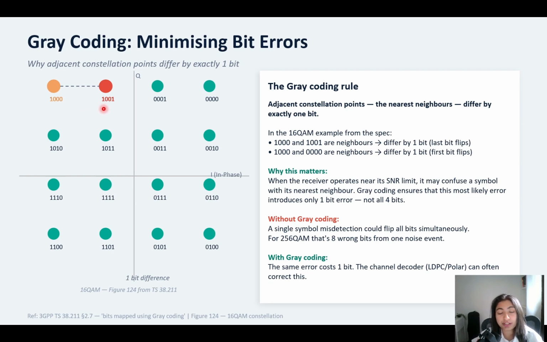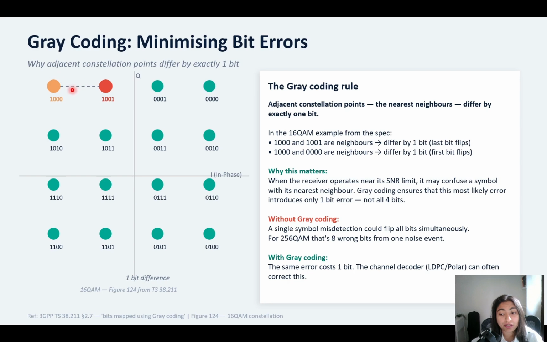5G NR uses LDPC codes for data channels. LDPC is very effective at correcting a small number of error bits per code word. So gray coding gives the best possible output. It guarantees that the errors would be as localized as possible.